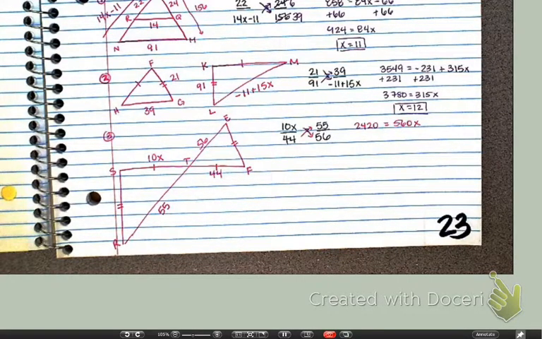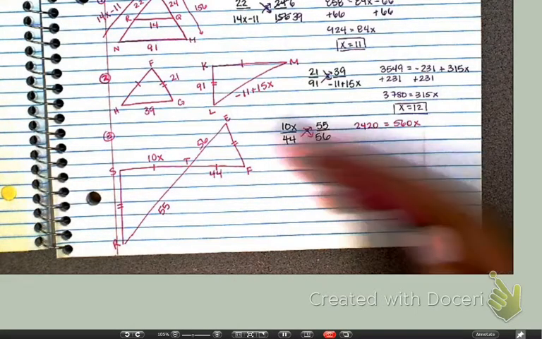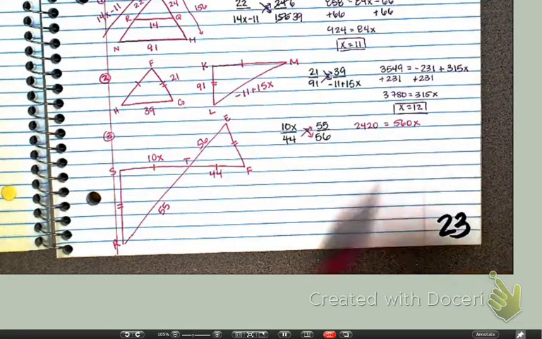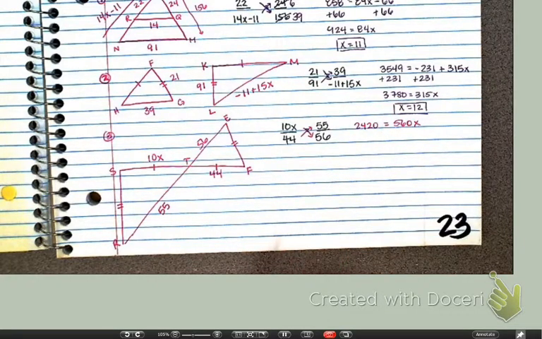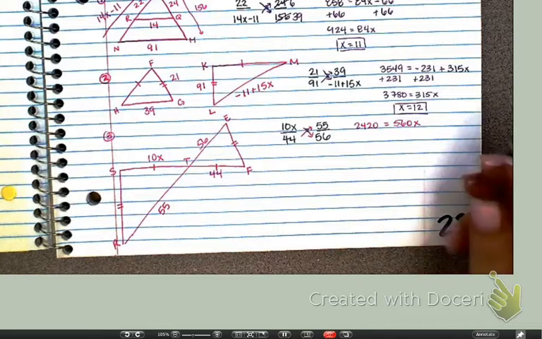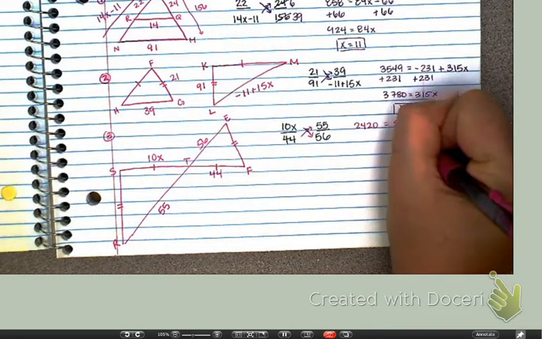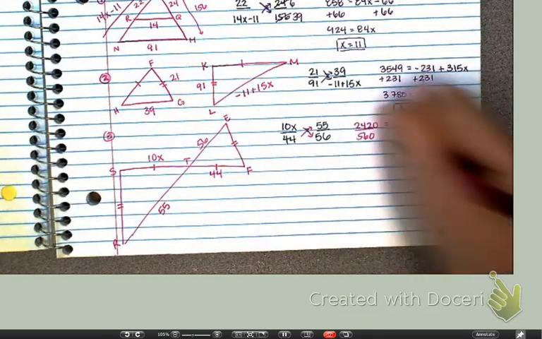Who plugged that into their calculator? Can you simplify where? Yep. Did anyone plug 2420 divided by 560 in their calculator? It's 4.4. You get a decimal. All right, so let's not have a decimal and just reduce because we need to practice reducing.